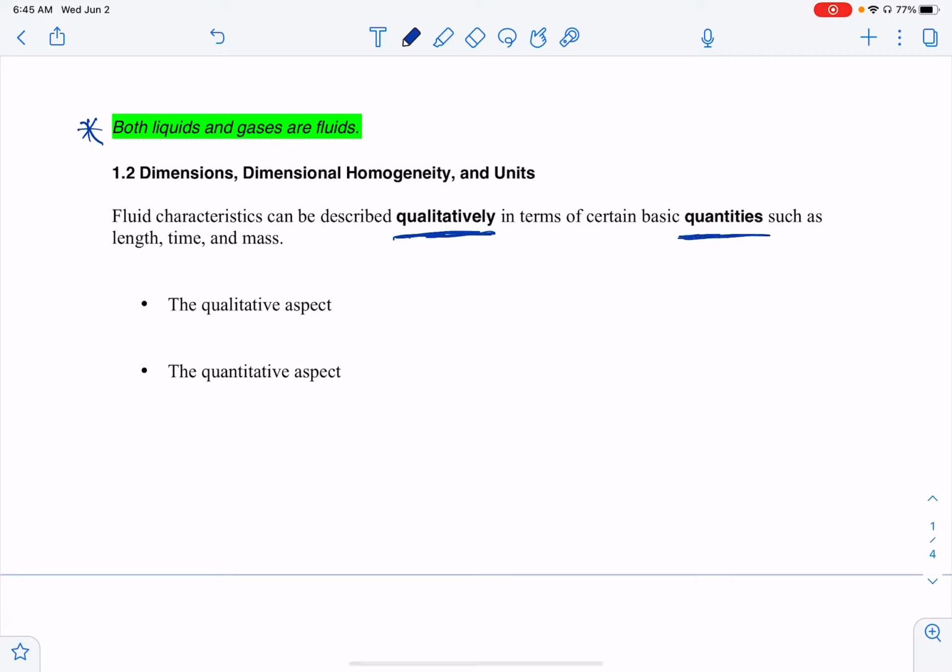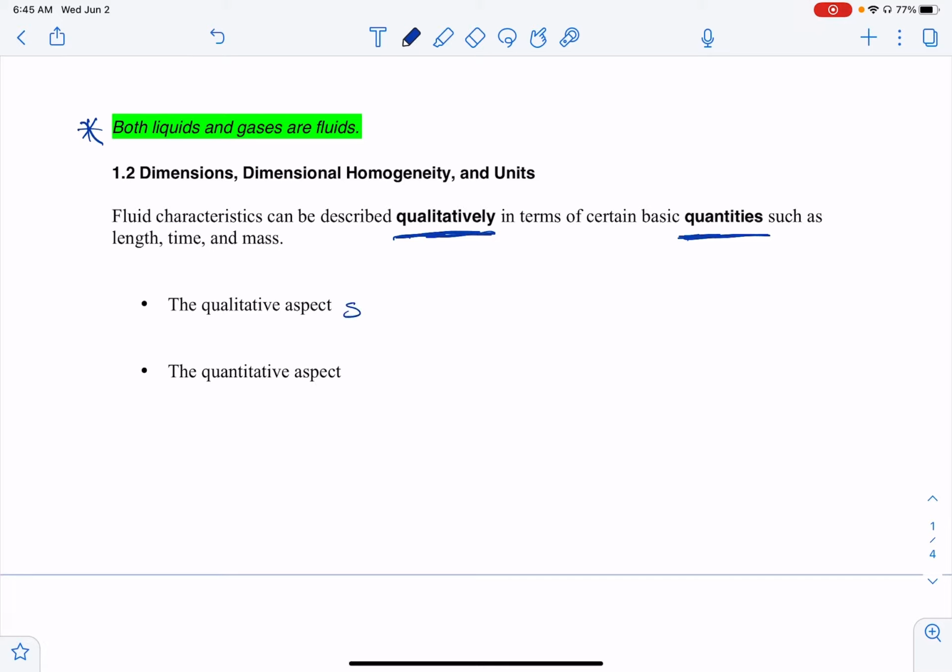This is why we need dimensions. The qualitative aspect serves to identify the nature or the type of the fluid. For example, if we want to know the velocity of the fluid, or the length of it, these are all qualitative aspects.